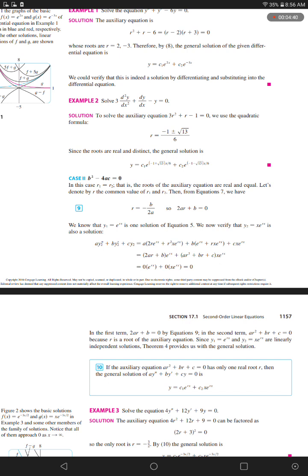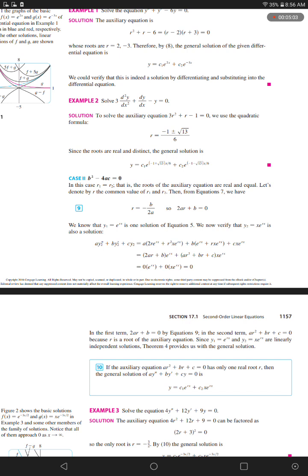Let's denote by r the common value of r sub 1 and r sub 2. Then from equation 7, we have equation 9. r equals negative b over 2a. So 2ar plus b equals 0.